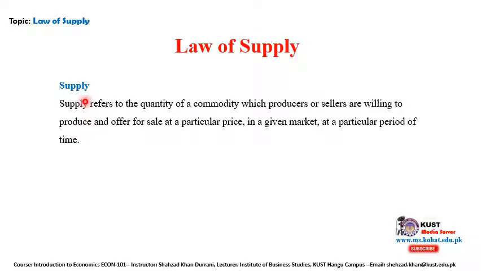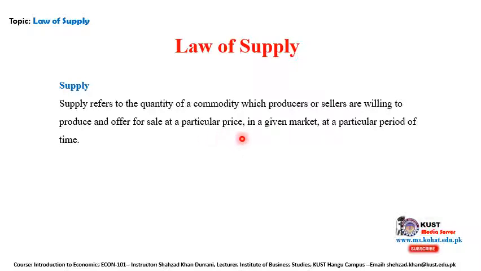They are offering it for sale at a particular price. So the commodity that you are offering for sale must have a particular price in a given market, at a particular time period. There are three basic components of supply.